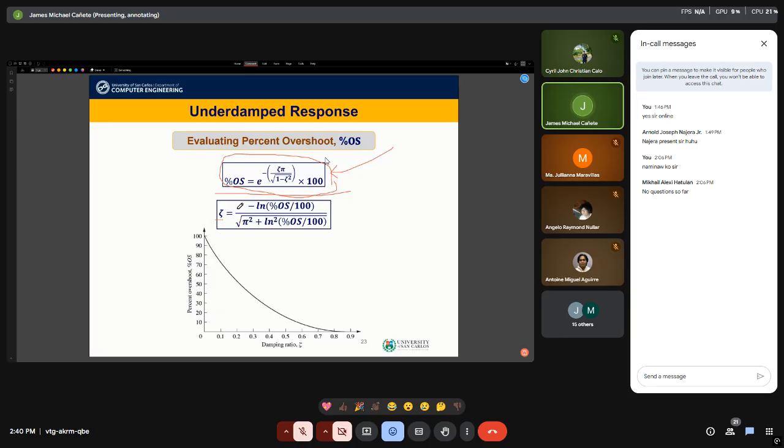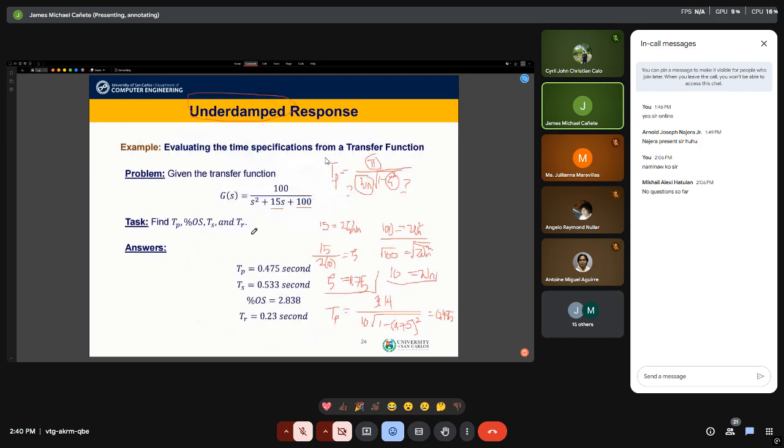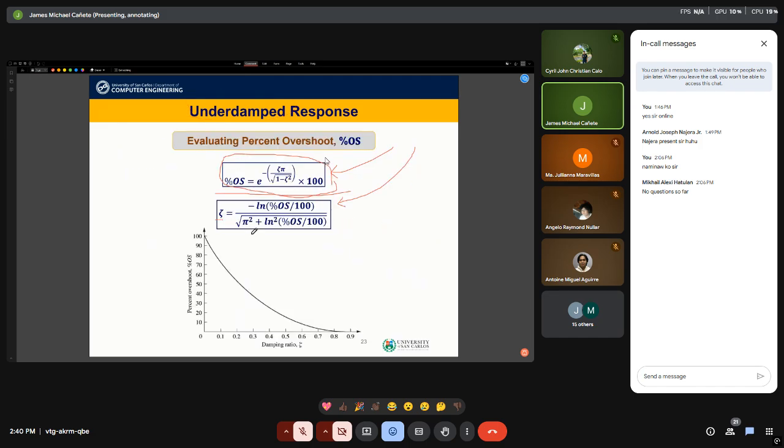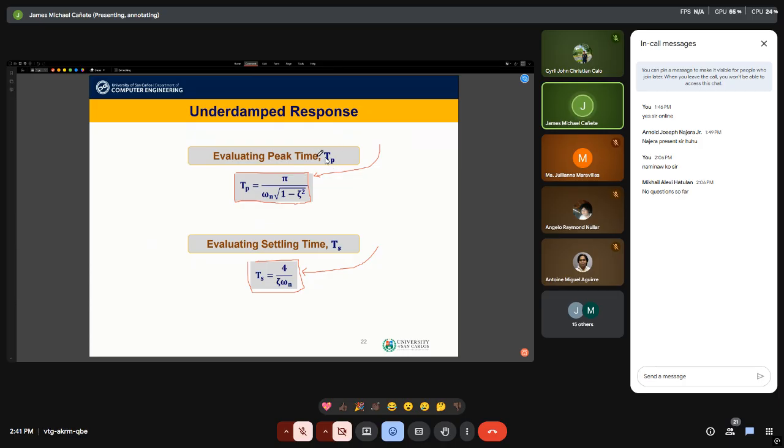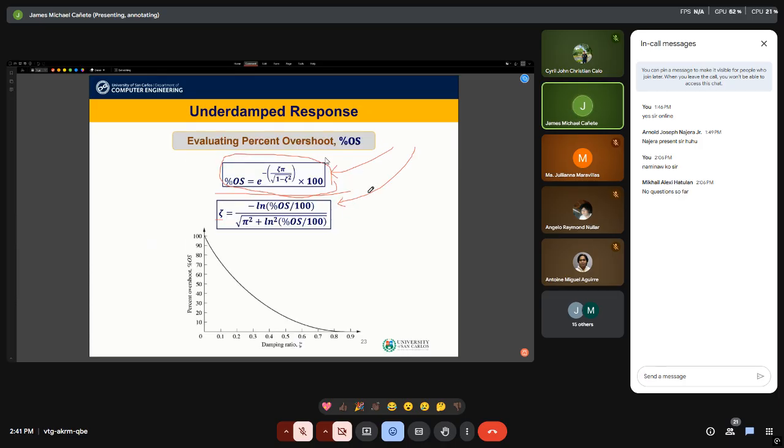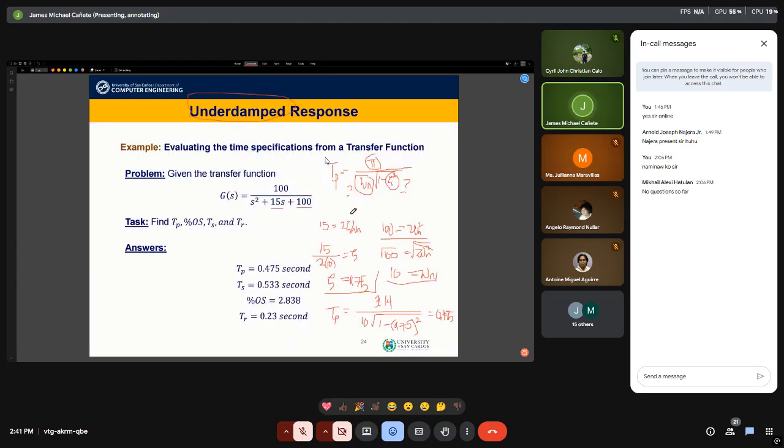To look at ways to calculate for damping ratio if you've been keeping track. So knowing all that, the formula for TR, formula for TP, formula for TS, and percent overshoot, let's try to solve them given an example.